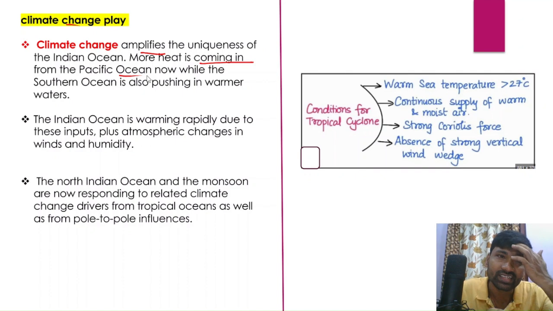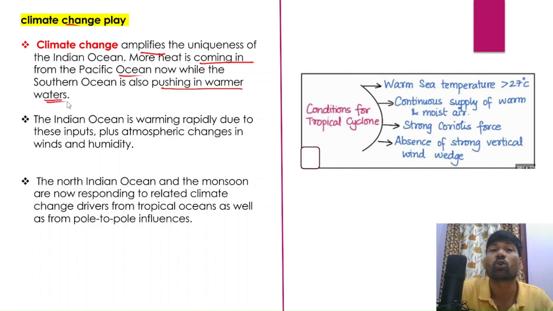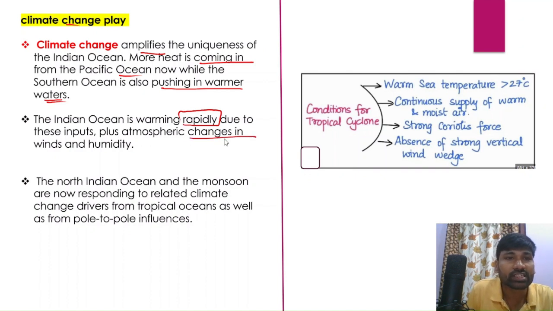Because of that, the northern Indian Ocean in particular, and the Indian Ocean in general, has been receiving more heat from the Pacific Ocean, while the Southern Ocean is also pushing warmer waters towards the northern Indian Ocean. Therefore the Indian Ocean is warming up rapidly due to these inputs, plus atmospheric changes in winds and humidity have been resulting in the formation of cyclones.